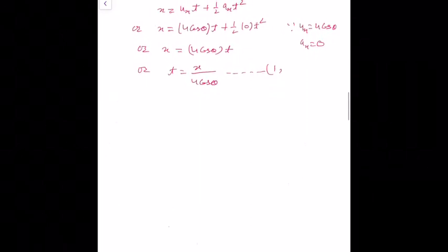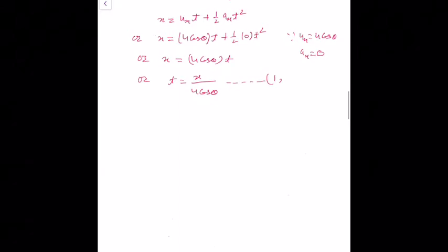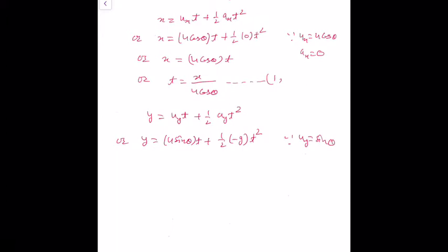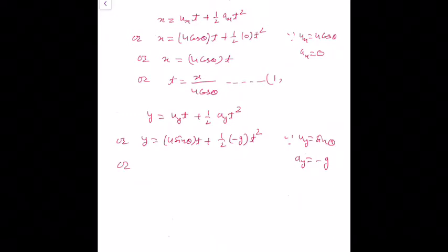Okay, so next, the position of the object at any time t along the vertical direction is y equal to uy into t plus half ay into t square, or y equal to u sin theta (vertical component of initial velocity) into t plus half into minus g into t square, since uy is equal to u sin theta and ay is equal to minus g.